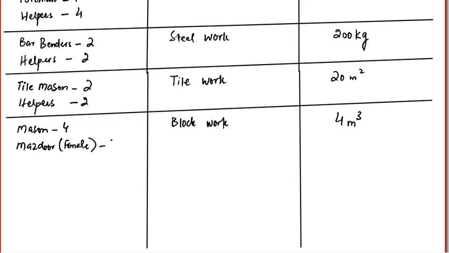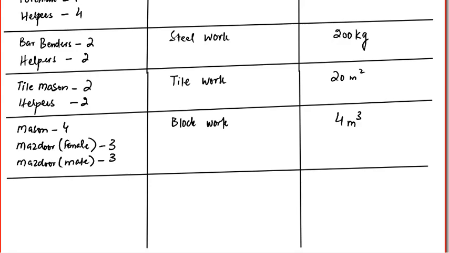You may need 3 female mazdoor and male mazdoor or male labor, there are also 3. So as compared to the brick work, you may need more manpower for block work.